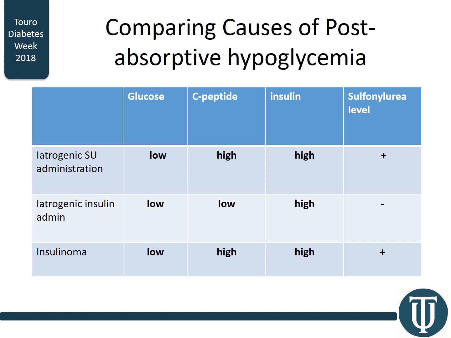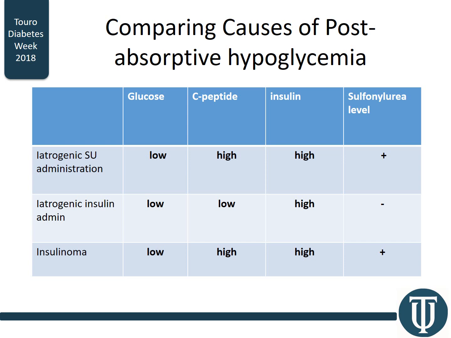If someone's getting iatrogenic exogenous insulin, they experience hypoglycemia, their C-peptide will actually be low because their body is trying to suppress their own insulin production, but their insulin level will be high, and if they're not getting sulfonylureas, that will be negative.